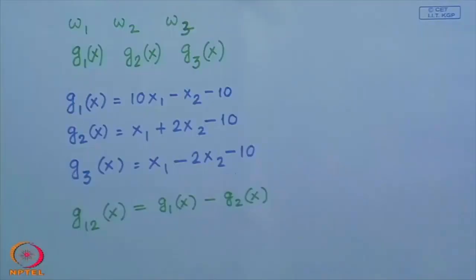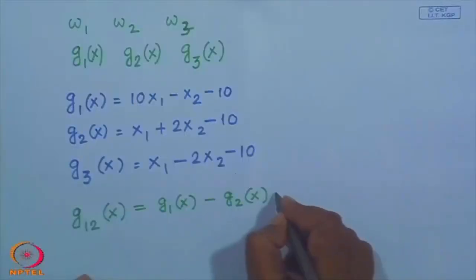If g12x is positive, then obviously x belongs to class omega 1 when I compare between classes omega 1 and omega 2. So, the decision boundary between the classes omega 1 and omega 2 will be given by g12x equal to 0, or g1x minus g2x equal to 0.